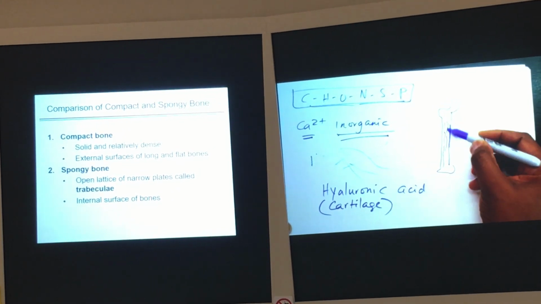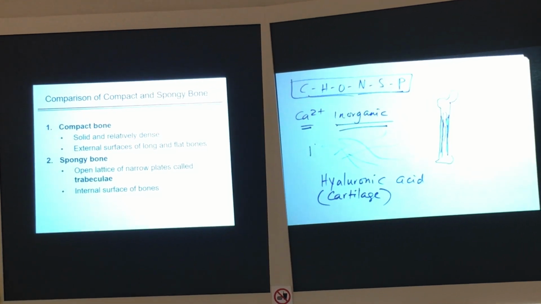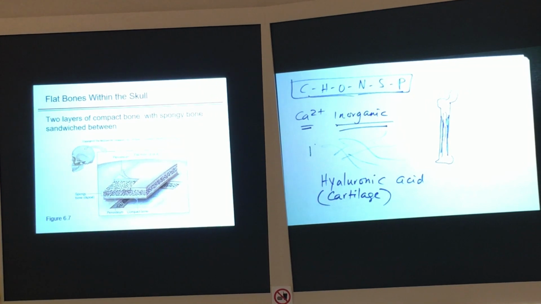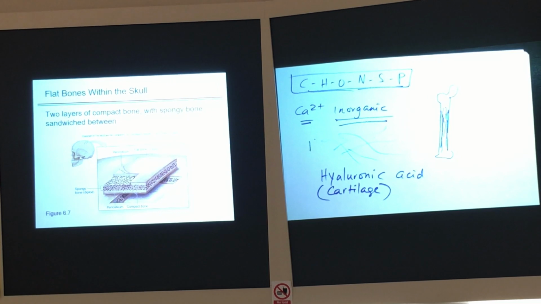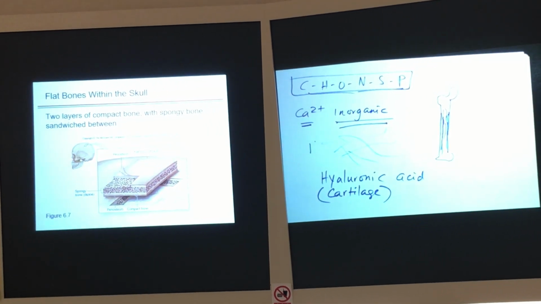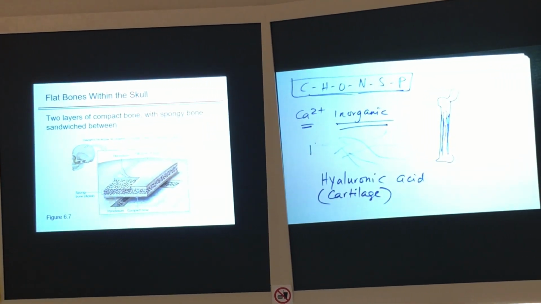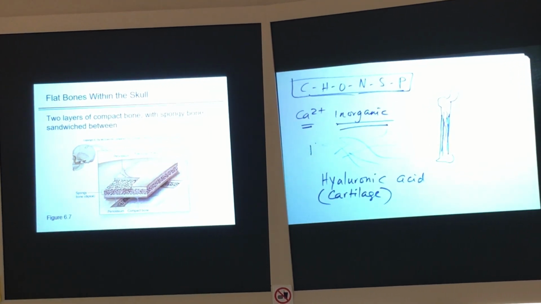So the compact bone is this dense structure on the periphery. So if we see that structure, you can see the compact structure on the outside, that's compact bone, and this is what the spongy bone is. That means for especially flat bones of the skull, on both sides you can see there is a compact, and the spongy is sandwiched between them.